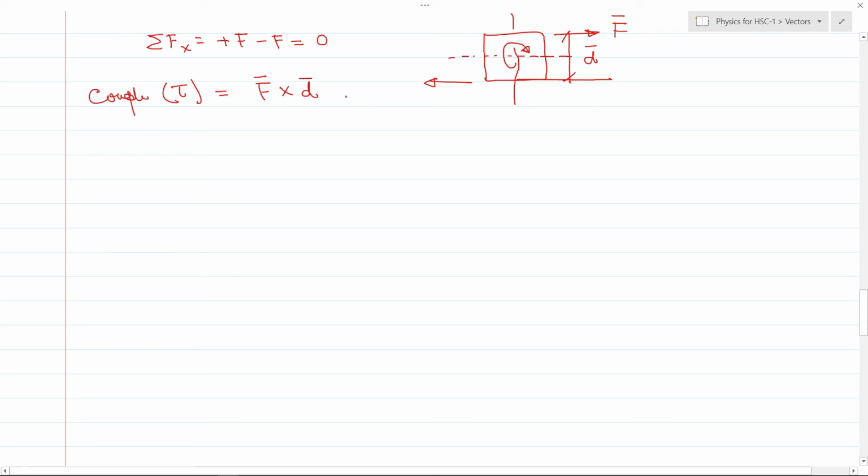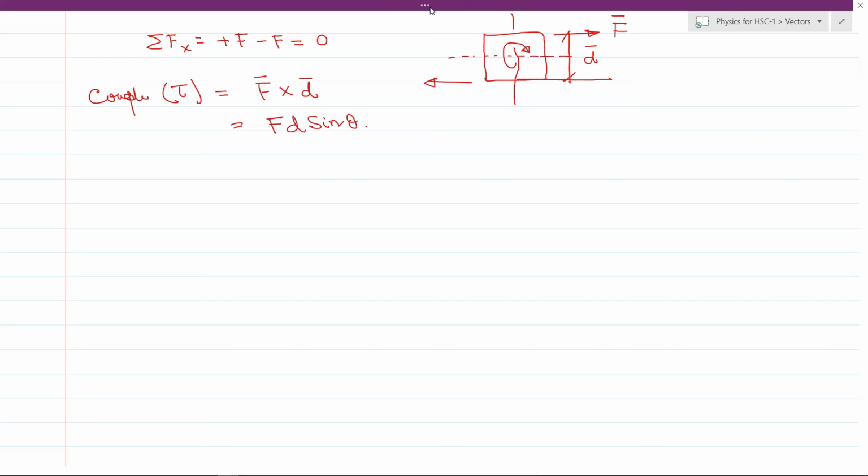This torque will be equal to F cross d, and it can be calculated as F d sine theta.